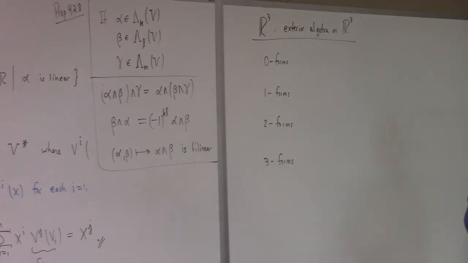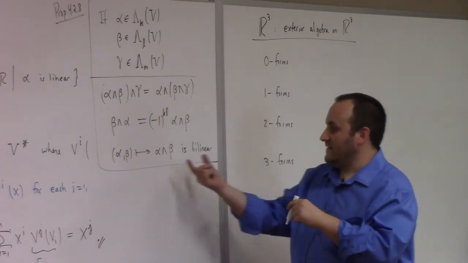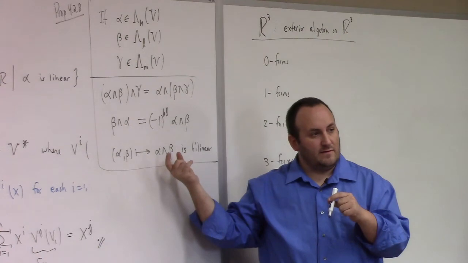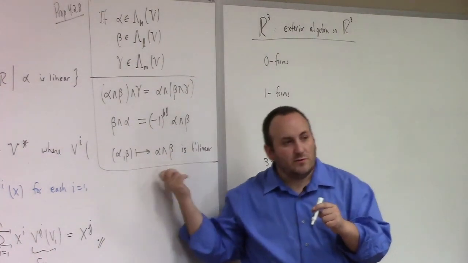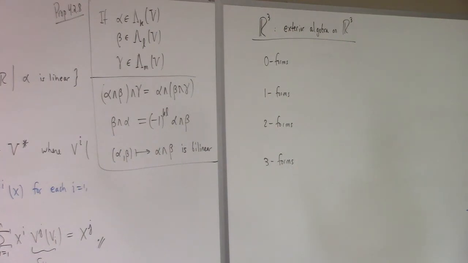There's a way you can combine completely antisymmetric maps with, say, K inputs, and another completely antisymmetric map with L inputs, such that you get a completely antisymmetric map on K plus L inputs. That's the hidden thing in here, that this alpha wedge beta is a completely antisymmetric tensor. This is a way of building a new completely antisymmetric tensor from two given completely antisymmetric tensors.